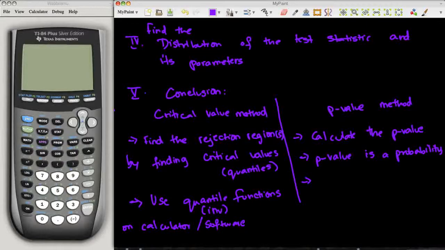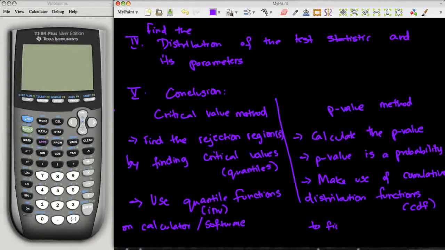So we would make use of cumulative distribution functions or CDFs in short, to find p-values. So these are the 5 steps used in a statistical test.